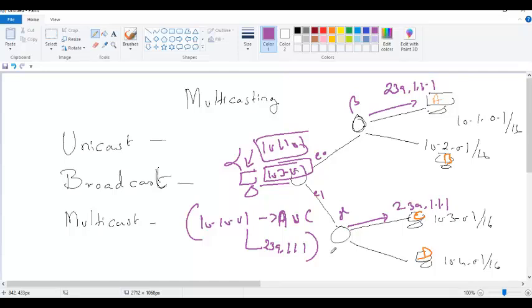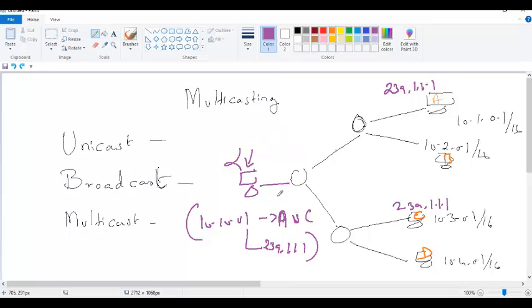In a large network, there may be many routers in the middle, and they only process one single packet, not 2 packets. Only when there are destinations in 2 different directions, the packets get duplicated and sent in each direction.